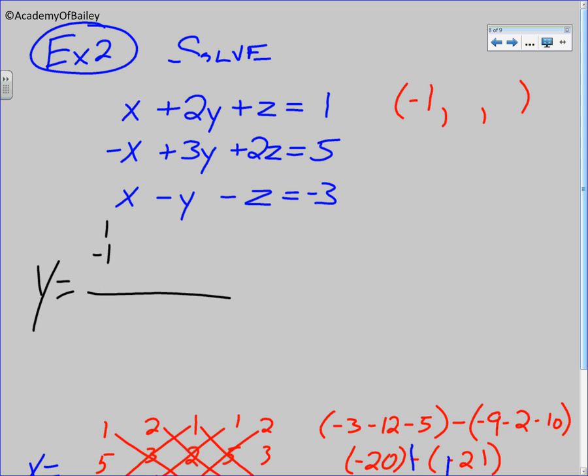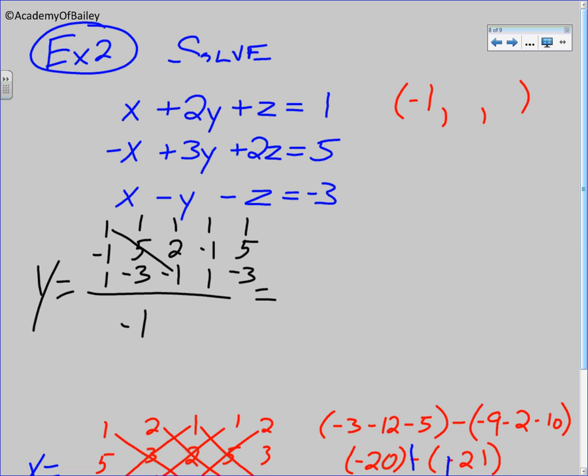So x coefficients are still there. 1, 5, negative 3. And for the z coefficients, 1, 2, negative 1. We're trying to find the determinant, so rewrite the first two columns again. And let's go ahead and calculate the determinant.